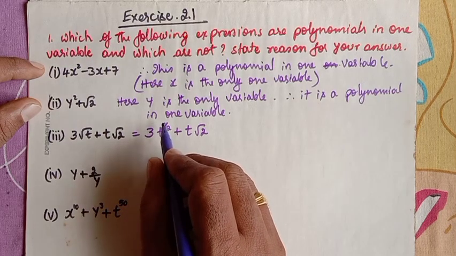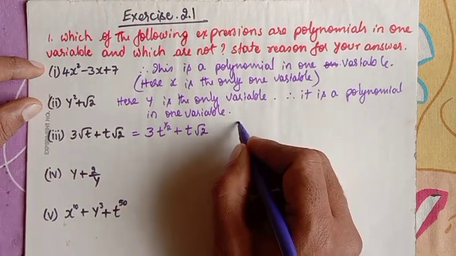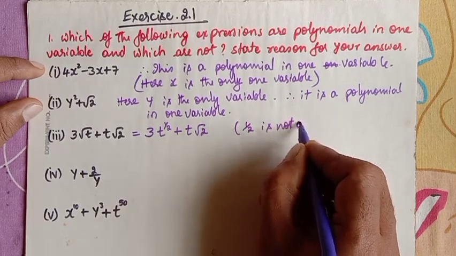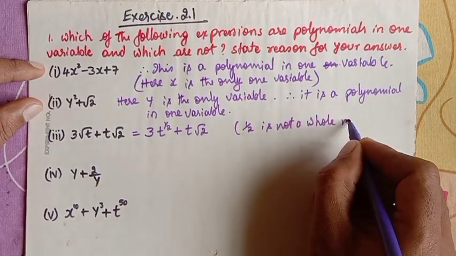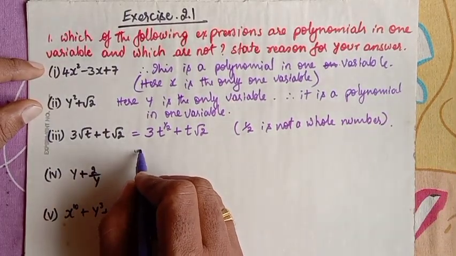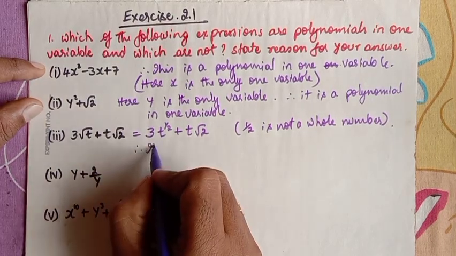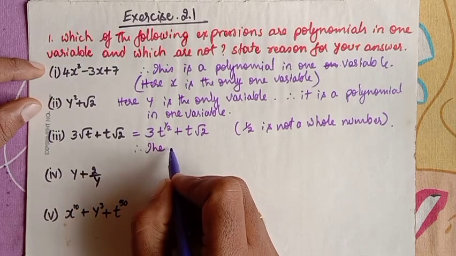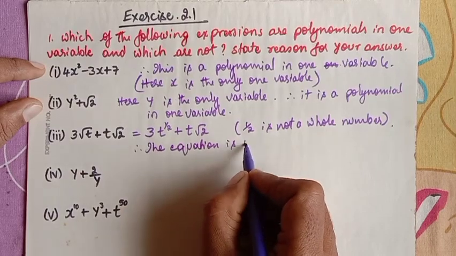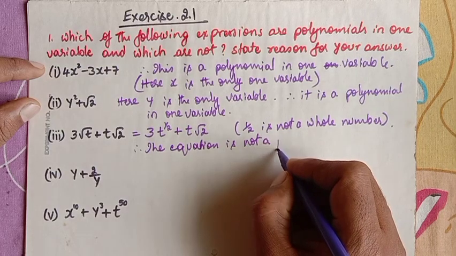The power of t is 1 by 2, which is not a whole number. Half is not a whole number. Therefore, the equation is not a polynomial.